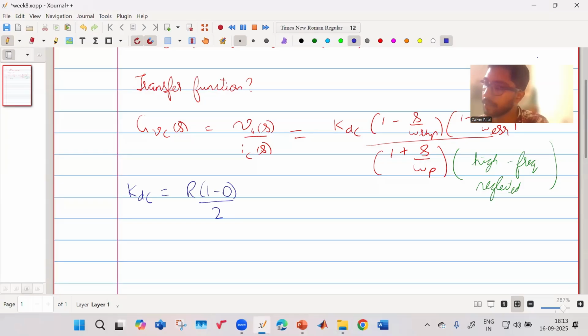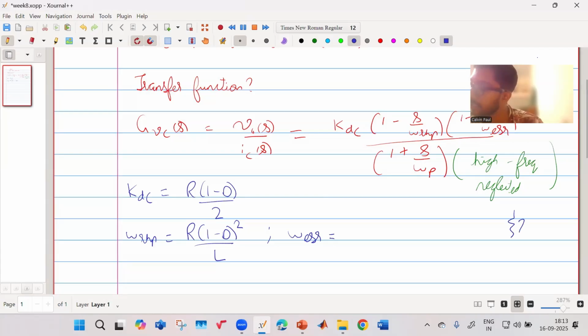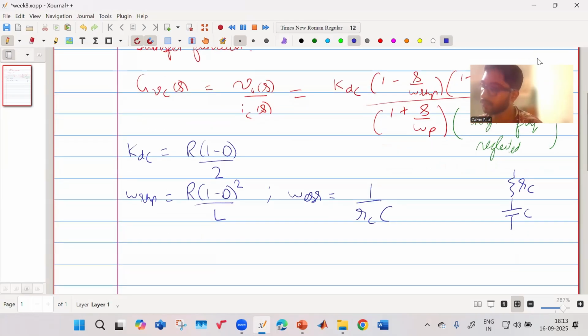Similarly, your omega RHP, that is your right half plane zero, is given by R into 1 minus D squared by L. And your omega ESR, the zero which is introduced due to the ESR in your output capacitor, is given by 1 upon RC into C. And your omega P is 2 upon R plus 2 RC into C.